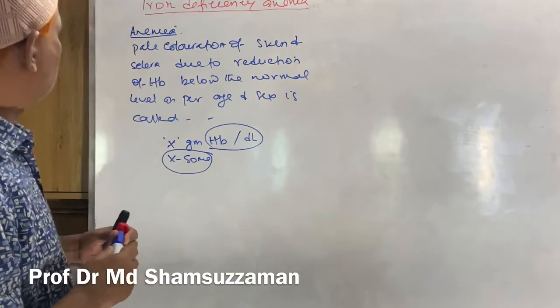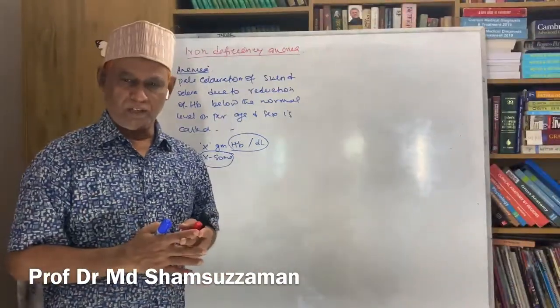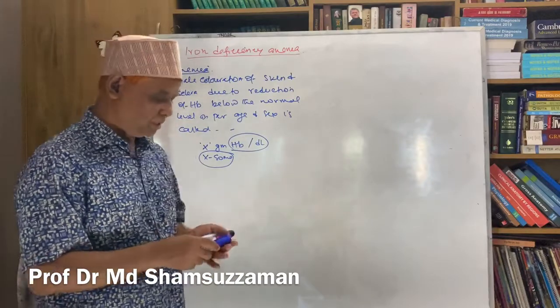Dear audience, we can classify anemia on the basis of morphological type and on the basis of etiology.